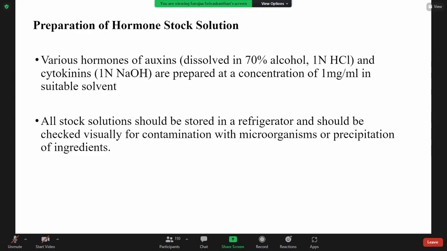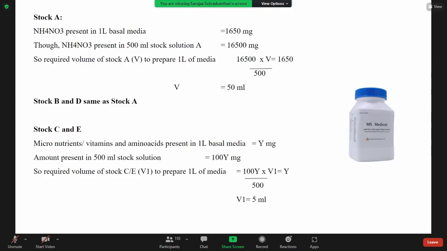So now our stock solutions are ready, right? But now, just for an example, we are going to prepare 1 liter of media today for tomorrow's work.